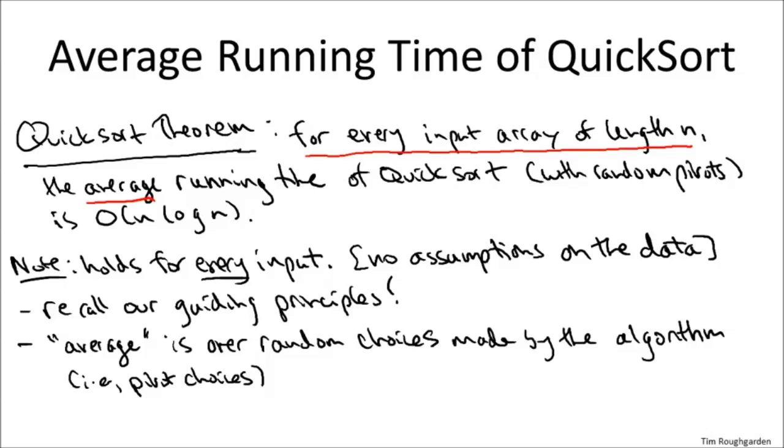So what this theorem is telling us is that for every possible input array, while the running time does indeed fluctuate between an upper bound of n squared and a lower bound of n log n, the best case is dominating. On average, it's n log n. On average, it's almost as good as the best case. That's what's so amazing about quicksort. The n squared that can pop up once in a while doesn't matter. You're never going to see it. You're always going to see this n log n-like behavior in randomized quicksort.